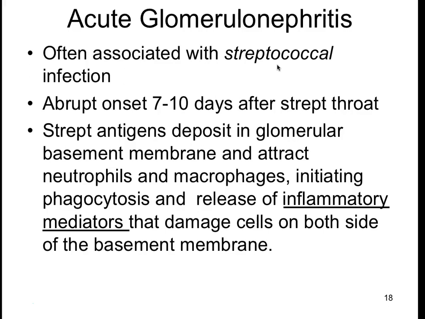But that it does happen, that's harmful because now you're set up for the body's immune system thinking that all of a sudden the cells in the glomerulus are coated with strep antigens, so they have to be pathogens.